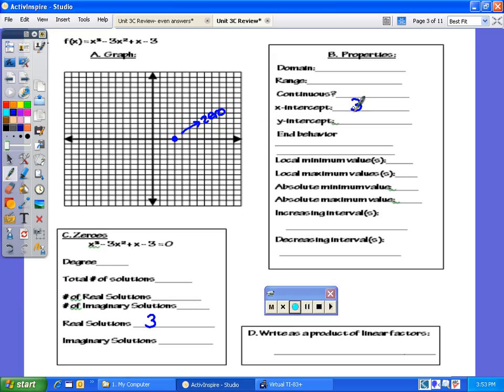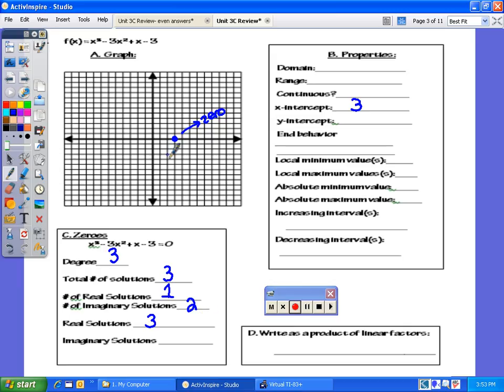Alright, since this is a degree of 3, I should have 3 solutions. I only wind up having one real because it only crosses the x-axis once, which means 3 minus 1 is 2. 2 imaginary solutions, which we will solve for later. Alright, so now let's find my local minimum, which is where the graph dips.